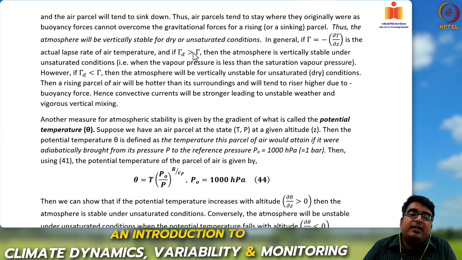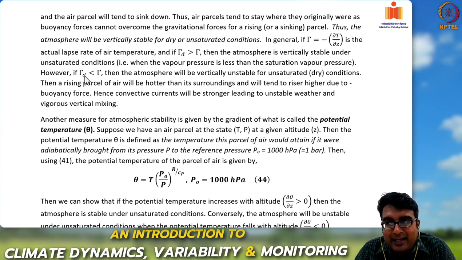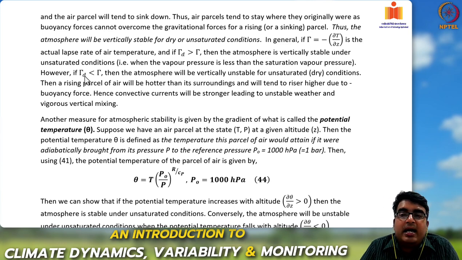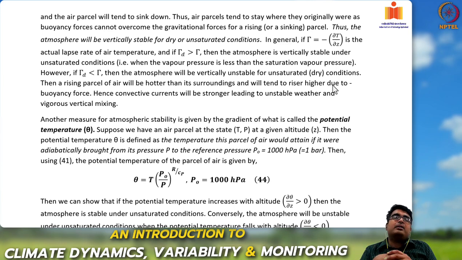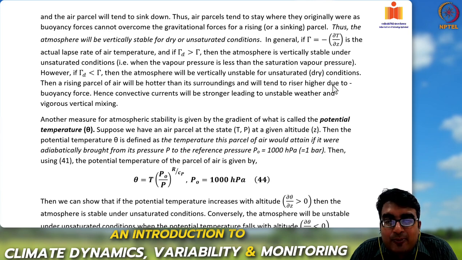In contrast, if in a certain location the dry adiabatic lapse rate is less than the atmospheric lapse rate at that location, then we will have a vertically unstable condition for dry air as well, because the rising parcel of air will be cooling at a rate which is slower than the mean atmospheric cooling rate with altitude, and hence the rising parcel of air will be hotter and less dense than the surrounding air, and hence the buoyancy force will allow that parcel to move upwards even further, causing the formation of large convection cells, which will result in an unstable atmospheric condition.